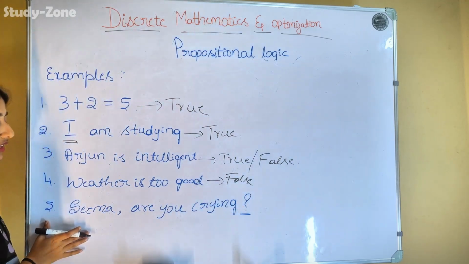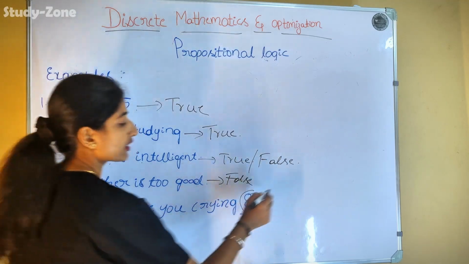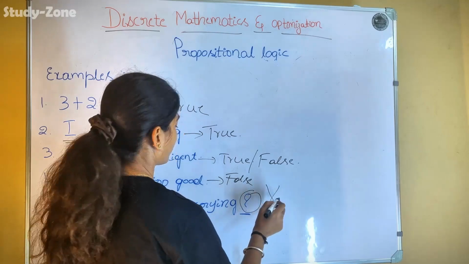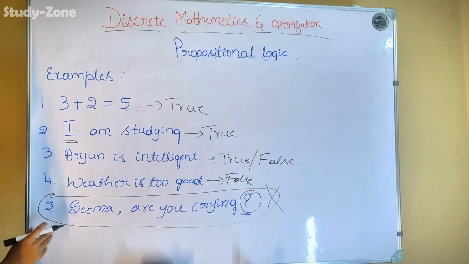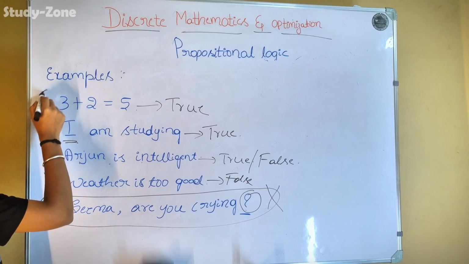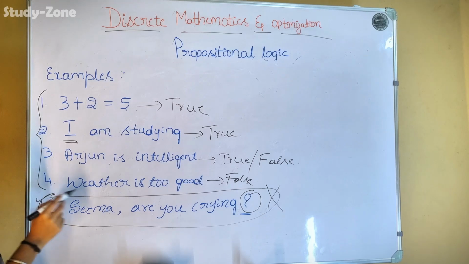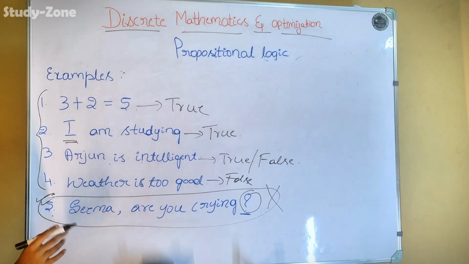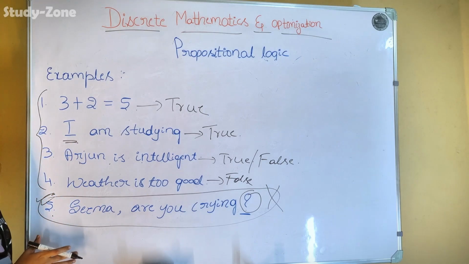But when there is a question mark in a statement, it doesn't come under proposition. So this statement we can't take as a proposition. These are all statements we can take as propositions, and this one we can't. Okay, so these are some examples of propositional logic.